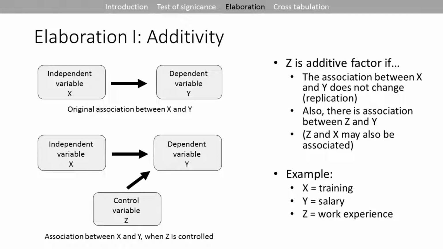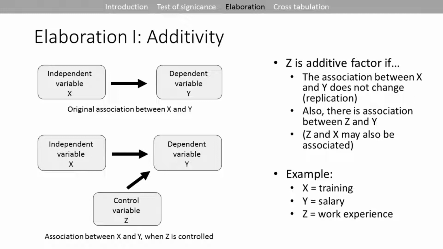The C variable in this case is the work experience. So the idea in the additivity is that the control variable C adds more to the Y. The work experience will have a positive impact on your salary, and the training will also have a positive impact. So it will increase even more the Y variable, which is the salary.